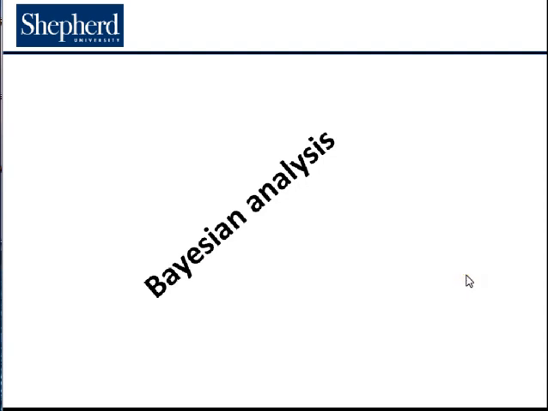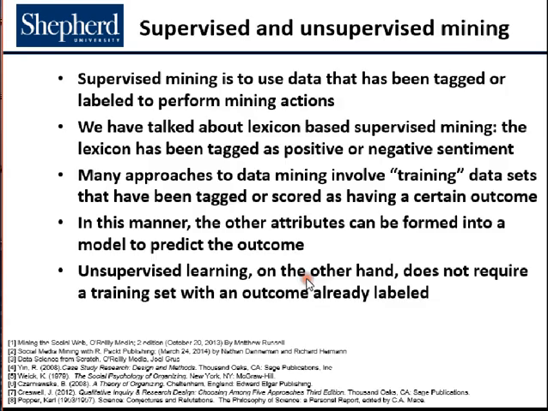Let's look at Bayesian analysis, which is conditional probability, the probability of A happening given that B has happened. And it's used a lot in data mining operations. And there's two types of data mining.